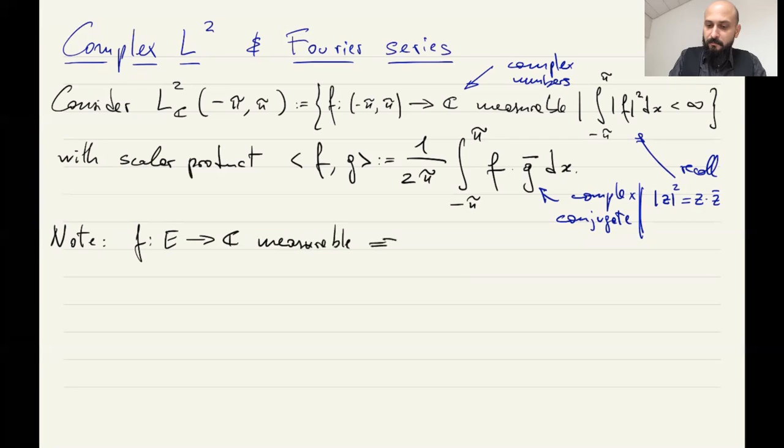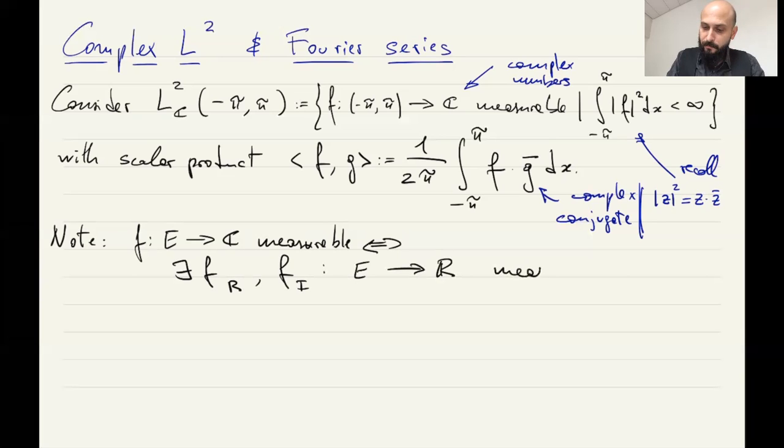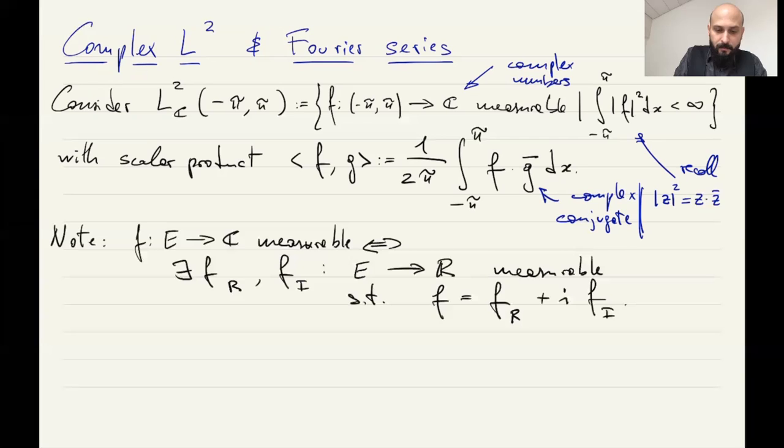This is the same as saying that we can write f as the real part and the imaginary part. These are real valued and measurable, such that f is the real part plus i, the imaginary unit, times the imaginary part.